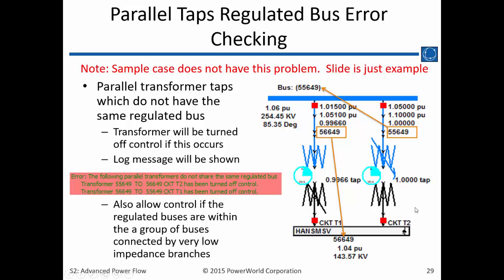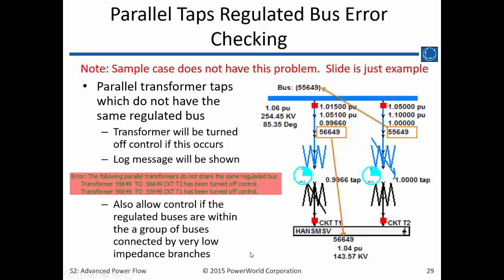So we will turn these two off of control, because this is a situation that just cannot be satisfactorily handled by the load flow, because these two would be fighting each other constantly to regulate the voltage at two different buses. One's regulating over here and one's regulating over here. We also allow control if the regulated buses are within a group of buses connected by a very low impedance branch.